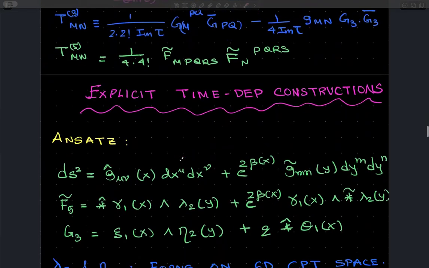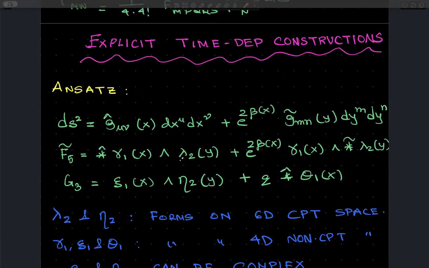Okay, so we'll take an ansatz where we set A of y, that is the warping with respect to the internal space, to be zero. And we'll have this beta object that I showed in the beginning here. Of course, in the explicit constructions that I'll present, since we're studying time-dependent backgrounds, we'll make this explicitly time-dependent.